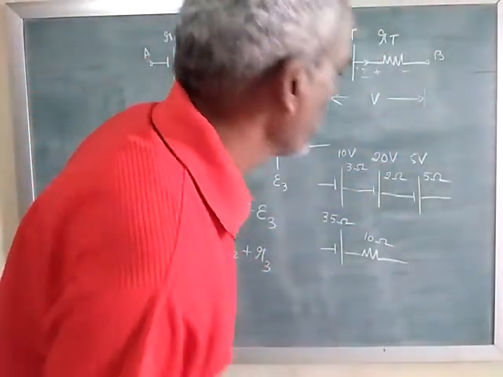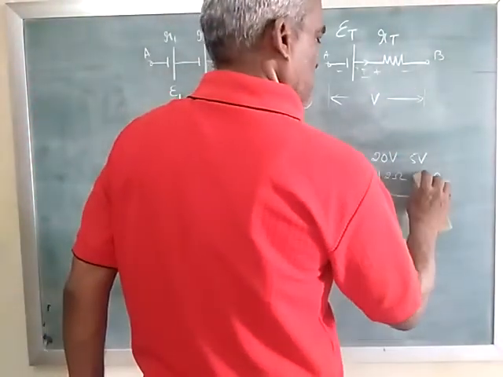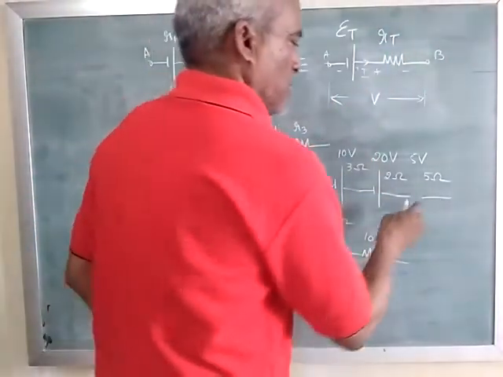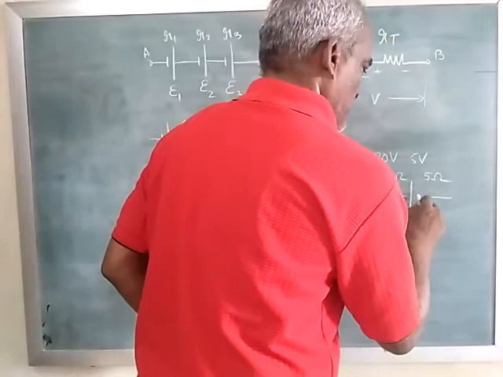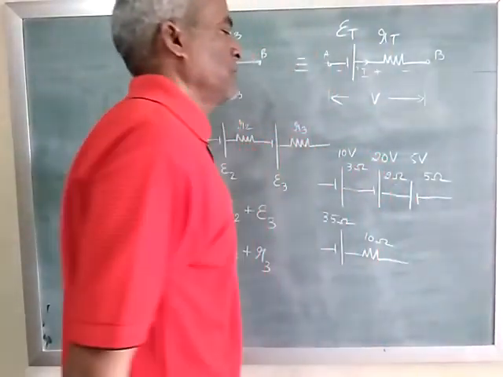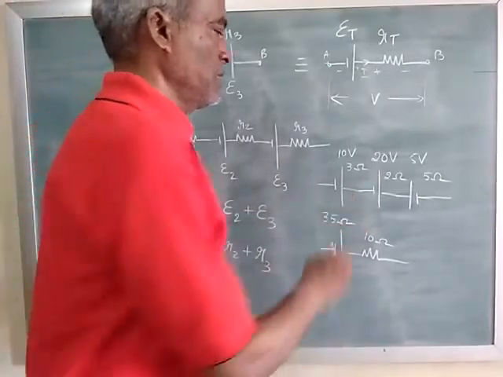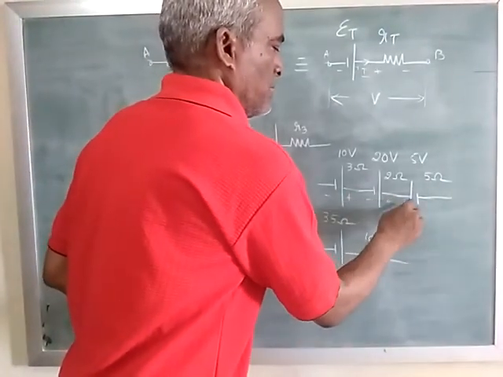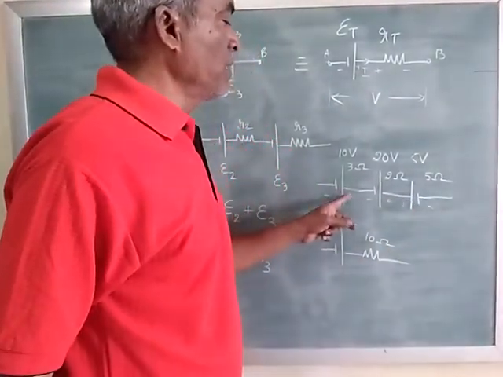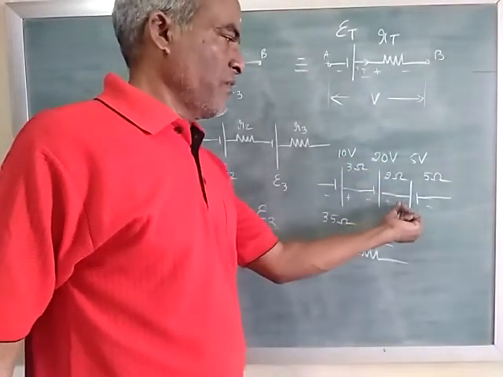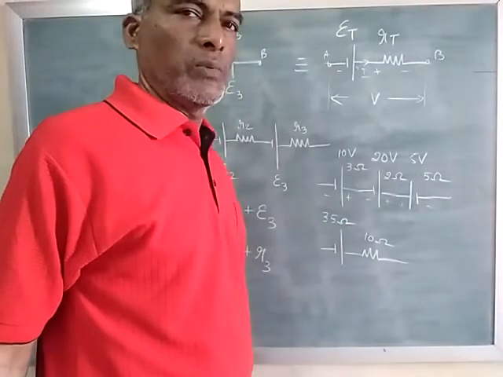Suppose, assume this is reverse connected. Instead of negative positive, this is positive and this is negative. So in that case what happens is, rise in potential, this is minus plus, minus plus, plus minus. Rise in potential 10, once again rise in potential 20, therefore 30. Whereas here plus 2 minus, it's fall in potential.